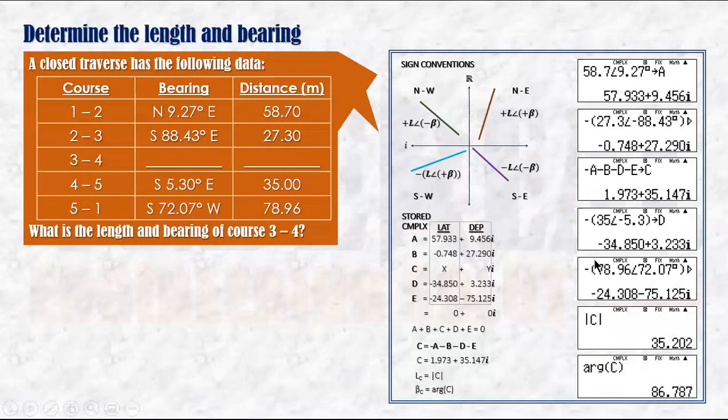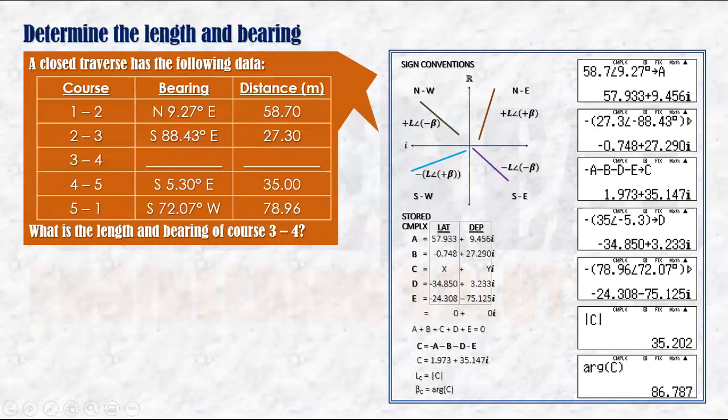And also, if the problems are, let's say, the direction is southwest, because you really have to look at what its direction is, what the signs are. If both are negative, suppose the unknown here is this 5-1 and this 3-4 is given, so that the complex we got for this, which is D, are both negative.